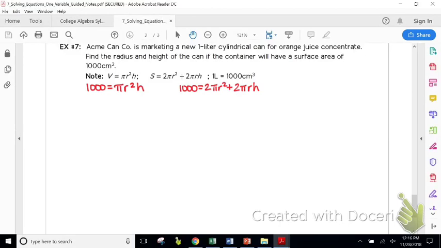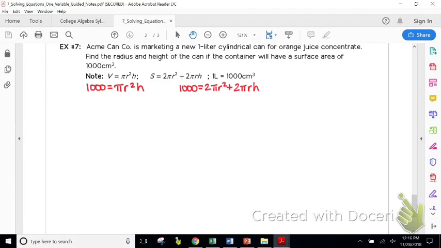My advice will be to solve the easier equation, which is which one? The one on the left or the right? Yeah, the first one, the one on the left. Now, do we want to solve for r or h? Because you're going to have to get r or h by itself, and when you plug it into that second one, it's going to make it messier. So let's solve the first equation.